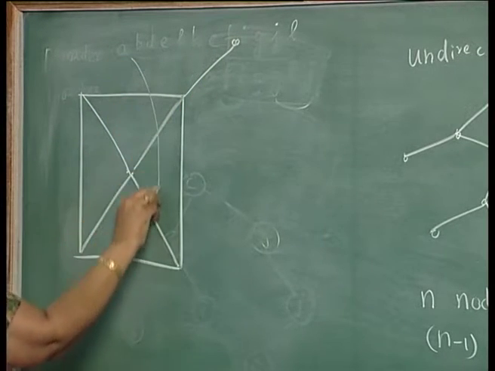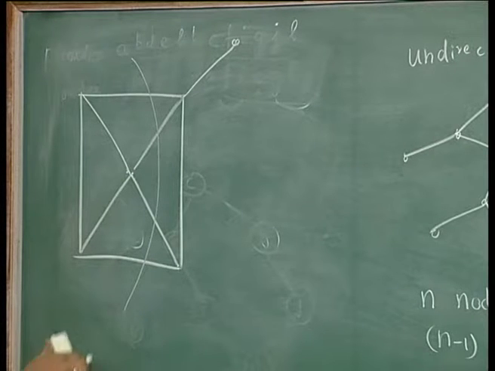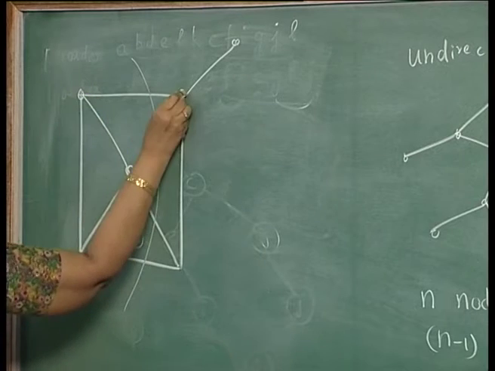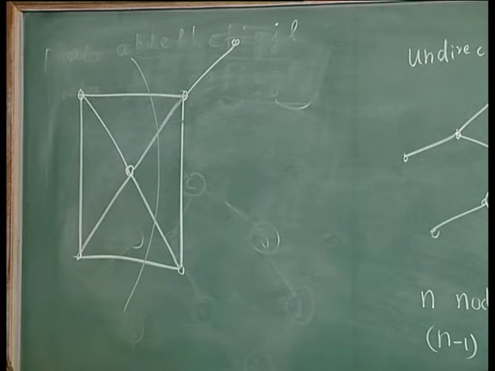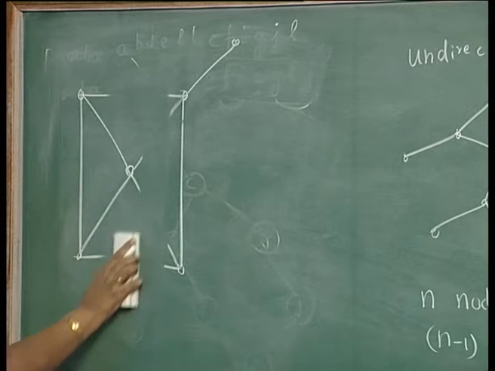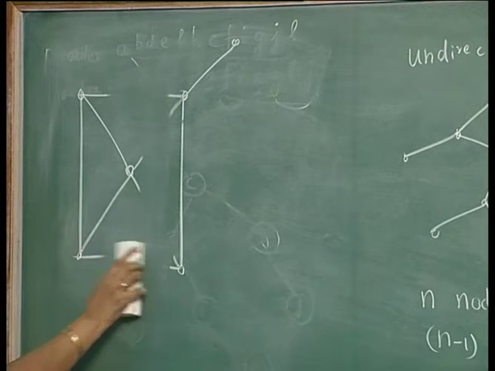Now these 4 edges if you remove, mark the notes. If you remove these 4 edges, you get 2 disconnected components.